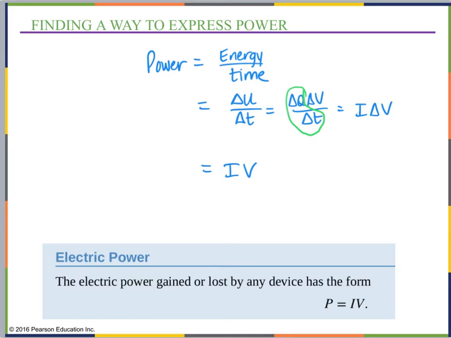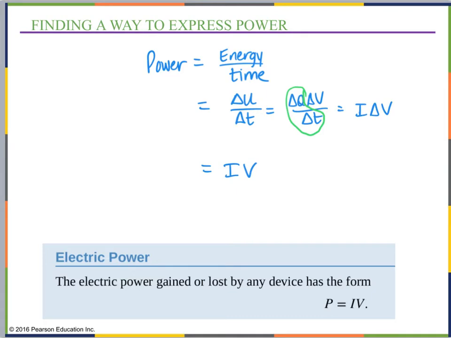And the idea is that, as they presented it in the book, they talked about the power delivered by, say, the EMF or the battery, which of course has some potential and the current running through it. So as the current travels through the battery, there's this power delivered to the circuit. And so in that case, there's going to be an input of power.